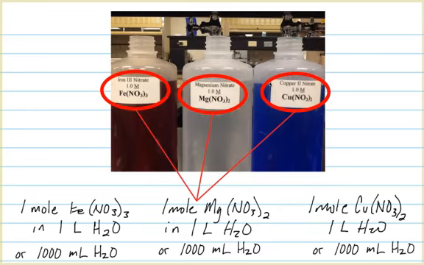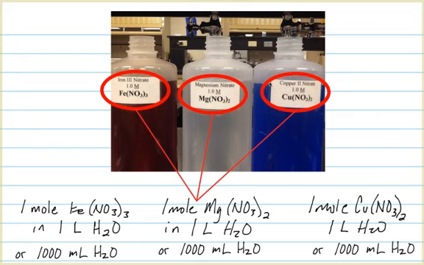Here are some more examples, in the lab, of different solutions that have the same molarity. In each of these solutions, we have 1 mole of the compound in 1 liter of solution or 1,000 milliliters of water. In each case, the number of moles of that compound in each of these bottles is the same.